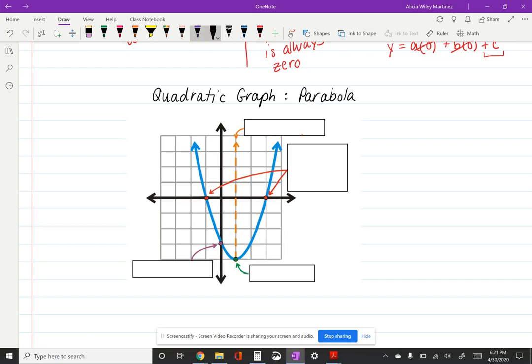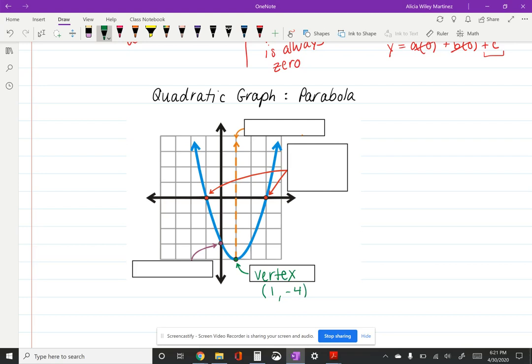All the key parts of this graph are noted with an arrow, I should say. We're going to label them. One of the first key points of the graph is the vertex. In this problem, the vertex is the point 1, -4.